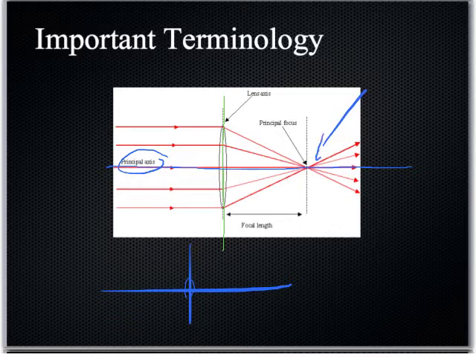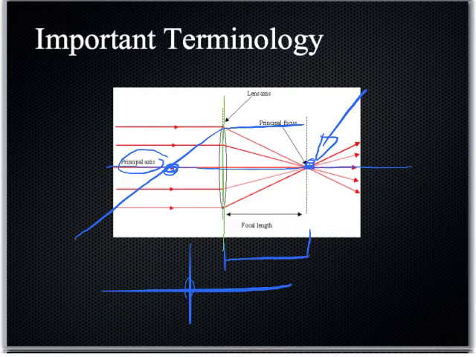We've got the principal focus, which is where all the rays go through, and that can be on both sides, because in this case you can shine the laser this way, and there'll be a principal focus on both sides. Focal length is the distance from that focal point back to the lens axis.